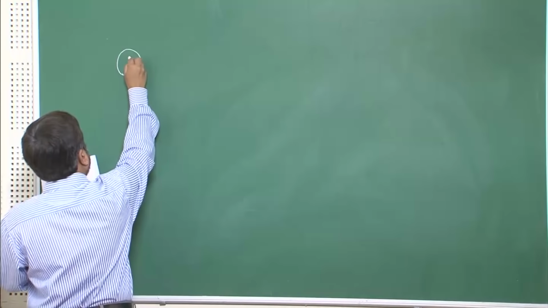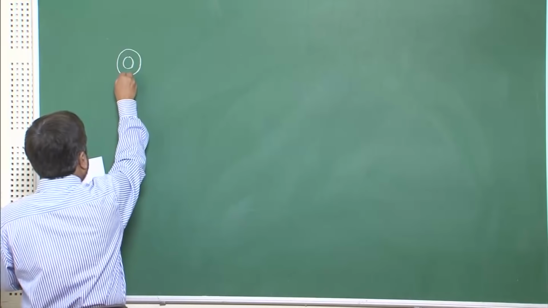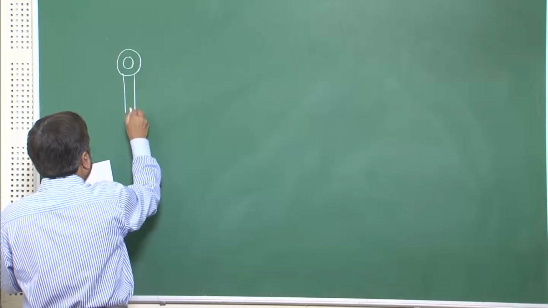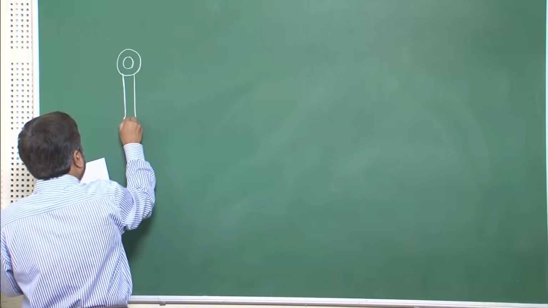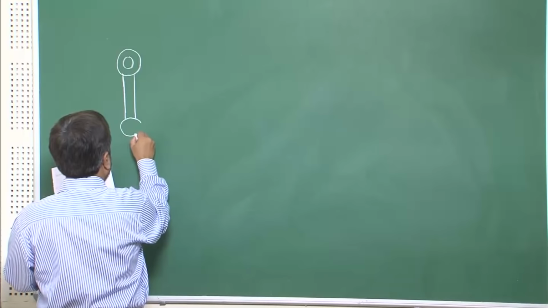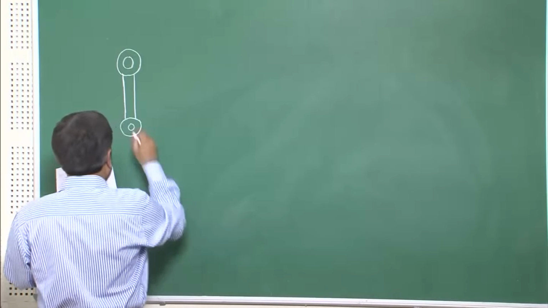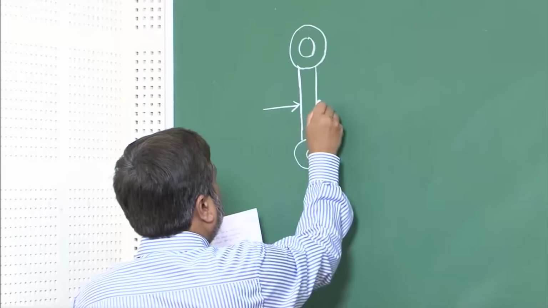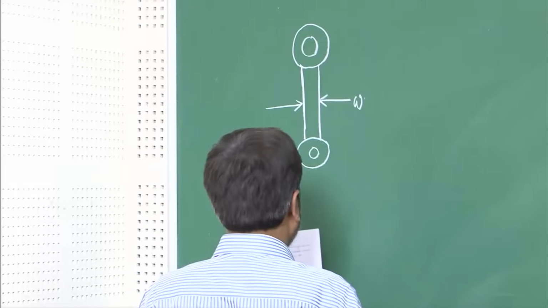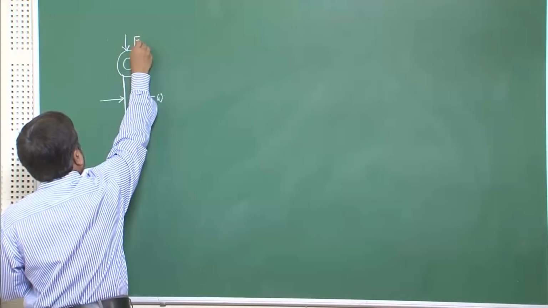This is one part, and then we have, this is the simplified drawing of the connecting rod, okay. It is the thickness here or the width here W, which is of concern for us. It's getting the force F.